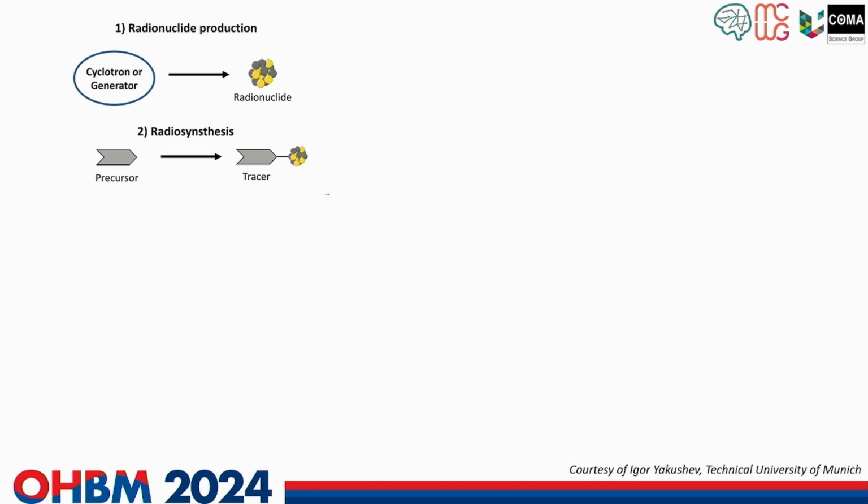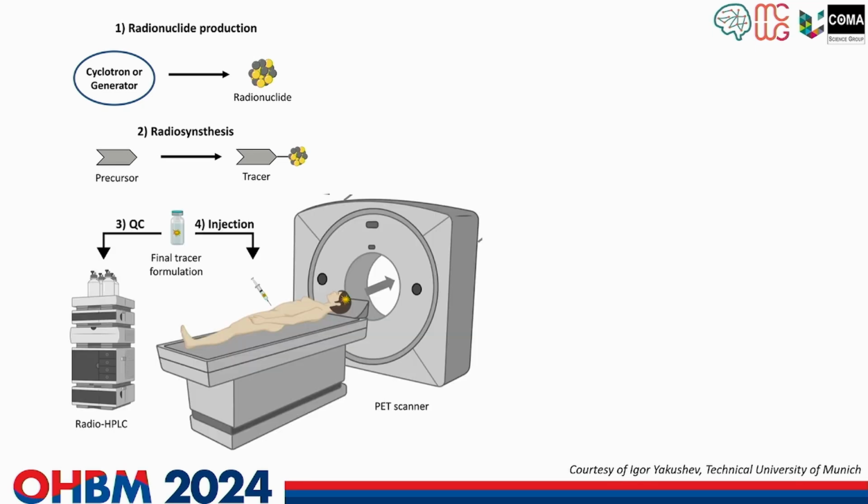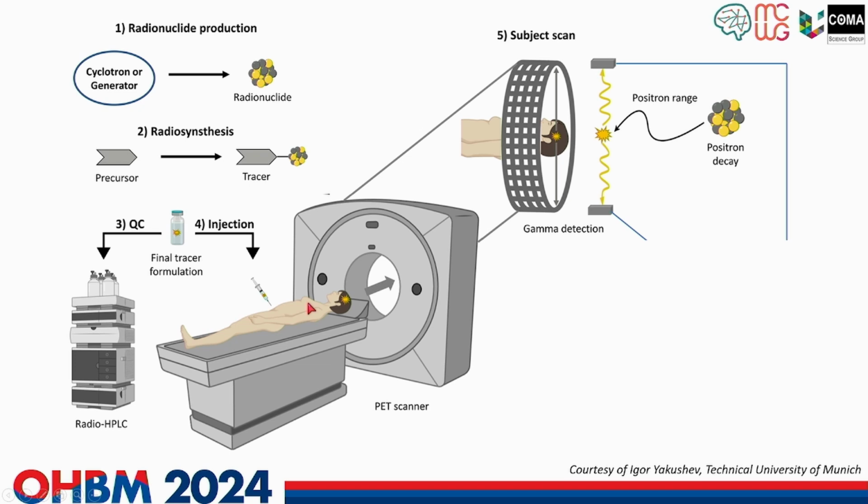For some tracers, you just order them, and if you have a PET scanner, you can pretty much do your acquisition. So you get your tracer, you inject it in the subject, and then either immediately or after a certain time interval, depending on the tracer, you put the subject into the PET scanner and you do your measurement.